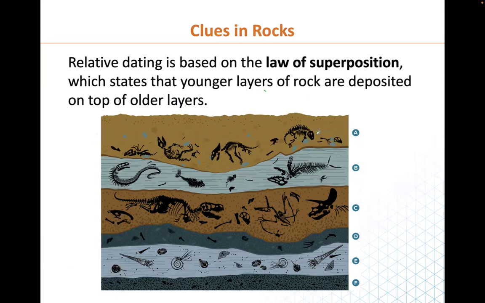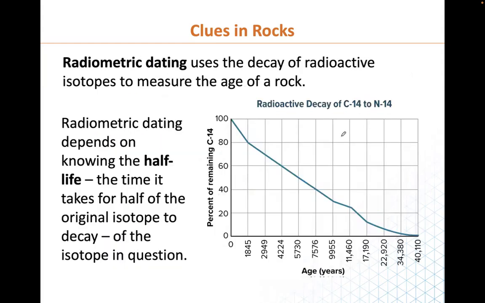That is to say, organisms in layer A are younger than organisms in layer B. Organisms in layer C are younger than organisms in layer D. The youngest organisms are found here, and the oldest organisms are found here. So this is the law of superposition: the younger layers of rock are deposited on top of the older layers.